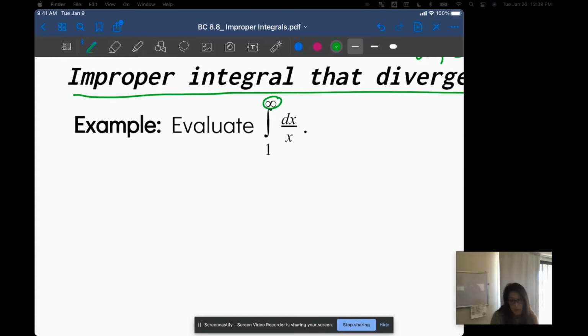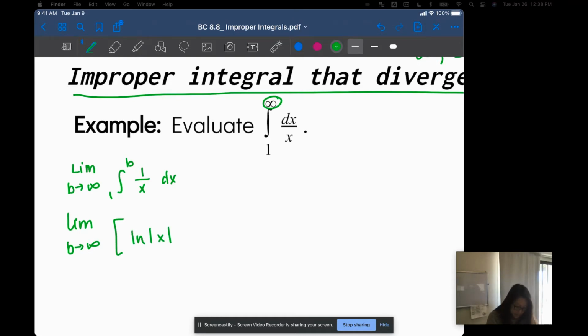Remember, the bound has to be defined, so I'm going to write the integral from a to b of 1 over x dx, and then substitute in later the limit as b goes to infinity. So I evaluate this as the limit as b goes to infinity of the integral of 1 over x, which is the ln of the absolute value of x, evaluated from 1 to b.